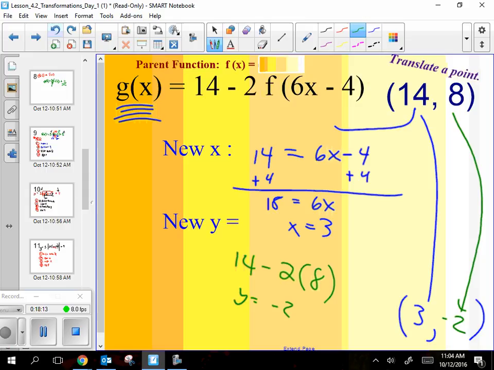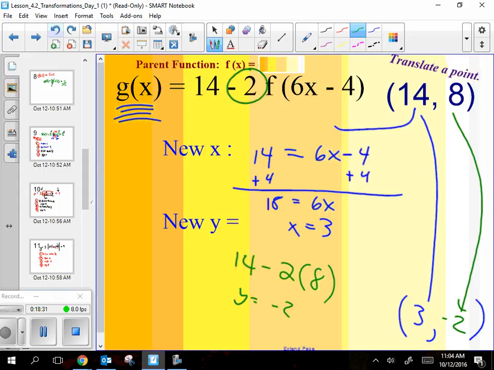Here's how I could talk you through that one. The 8 became negative 2 because first we had to take the 8 and times it by negative 2 in front, which would do what to my point?